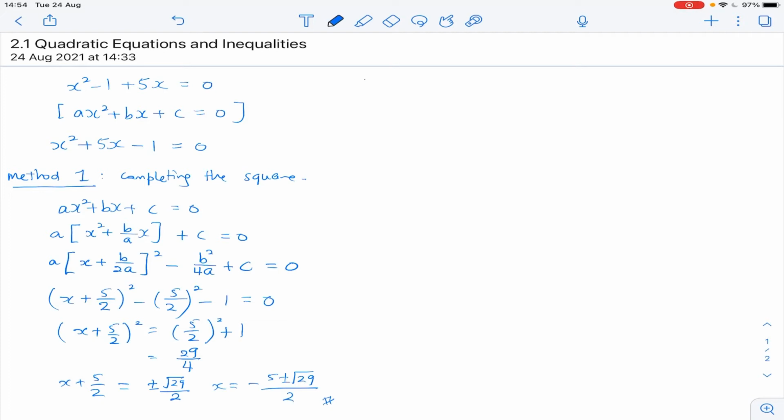Let's look at the second method. The second method, which I personally prefer, is by using the formula for quadratic equations. The formula for quadratic equations is just x equals negative b plus minus square root of b squared minus 4ac, divided by 2a.